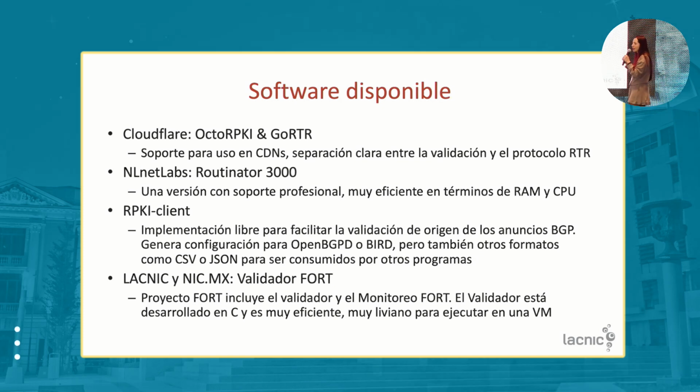And based on the validation status, we can carry out specific actions as to what to do with the valid, invalid, or not found prefixes. Of course, the valid will continue to be routed, but what would we do with the invalid prefixes that we are receiving? Are we going to filter them? Are we going to let them through? This way of visualizing it and having that information allows us to use different mechanisms to automate those actions, and that's what we will see in the afternoon tutorial. So we will be able to do filtering based on that.